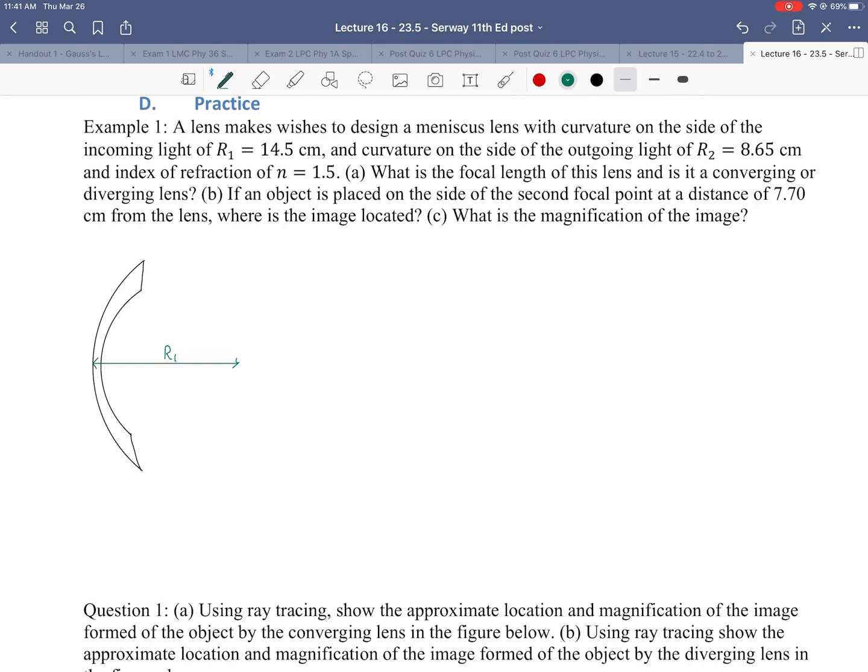And I know it has to be curved that way because it's positive and it's on the positive side. Okay, and then over here, we'll make this R2, so something like that, because we know R2 is significantly smaller.